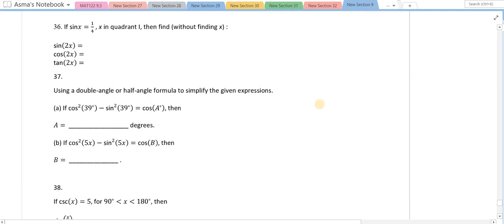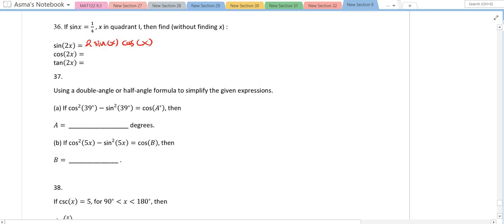If sine x is equal to 1/4 and it's in the first quadrant, we need to find sine 2x and cosine 2x and tangent 2x. So we know that sine 2x is 2 sine x cosine x, and we know cosine 2x is cosine squared.